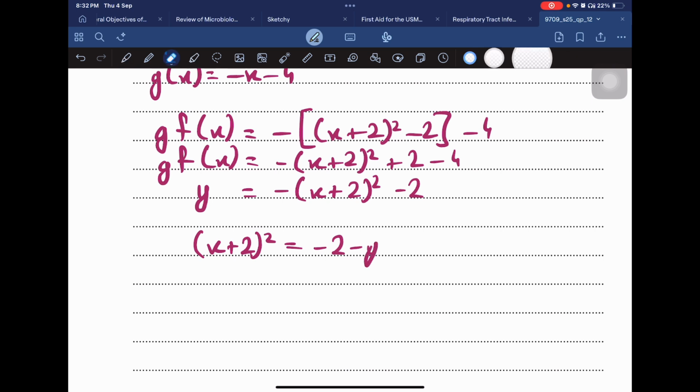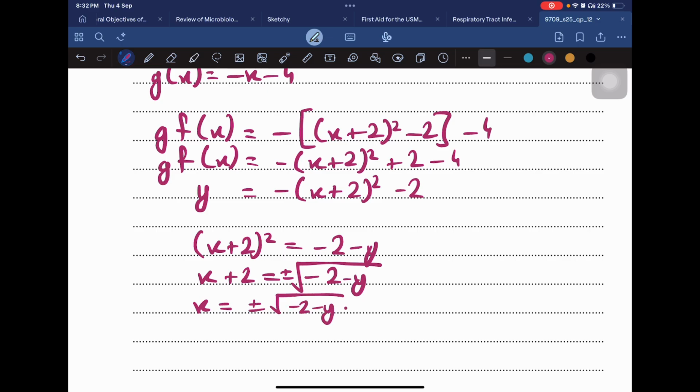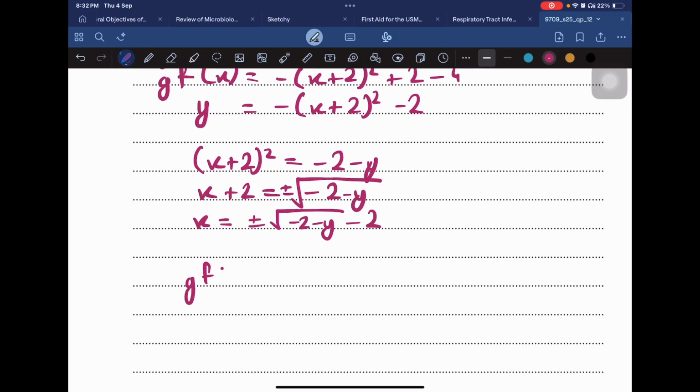Sorry, this will become positive, and then that's −2 − y. Taking the square root, we have x + 2 = ±√(−2 − y), and then we have x = ±√(−2 − y) − 2. Alright, so the inverse of gf will be ±√(−2 − x) − 2.